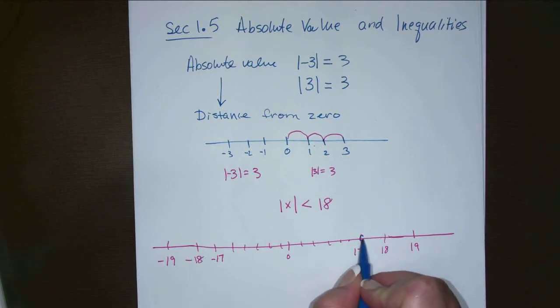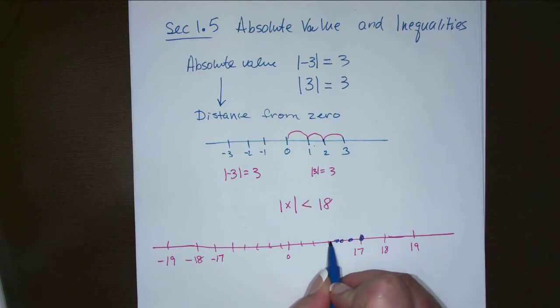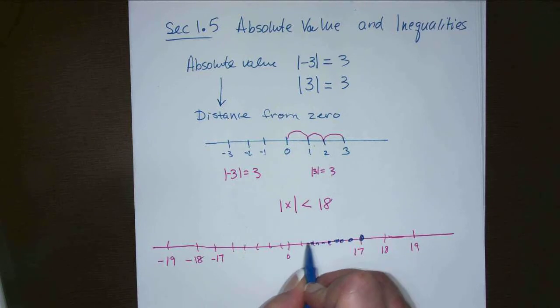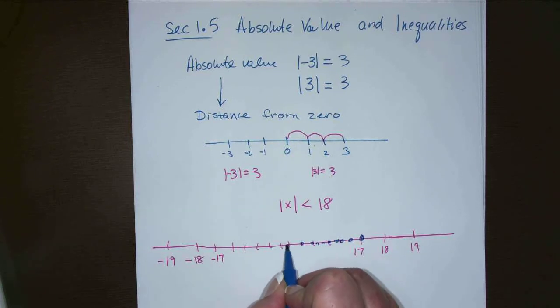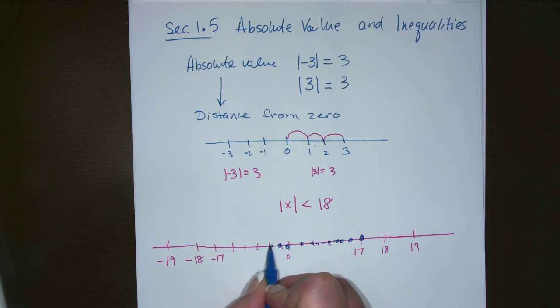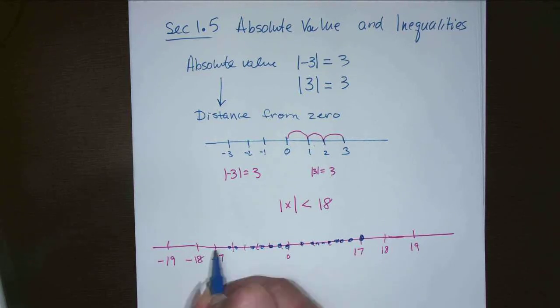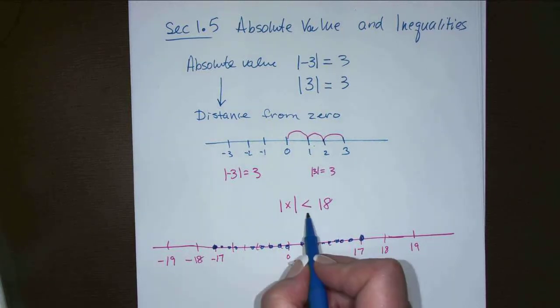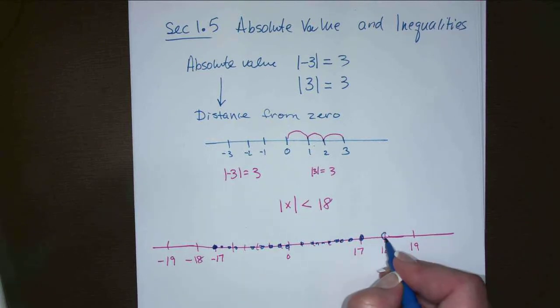So 17, 16, 15, 14, 13, all the way down to 0. And how about the other direction? I keep going until I get to what number? -17. Not -18. How come? Because I didn't put an equal sign here. I just said less than, not equal, right? So you'd actually put this.